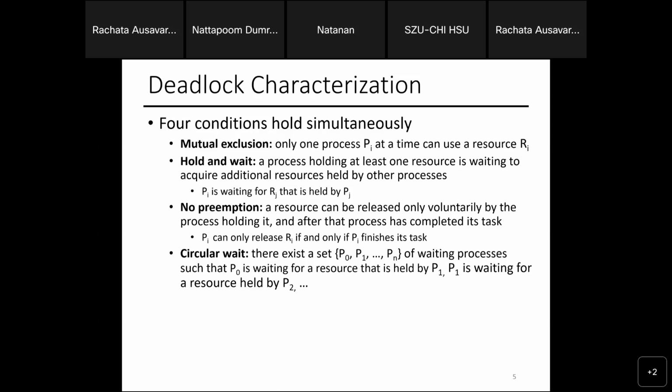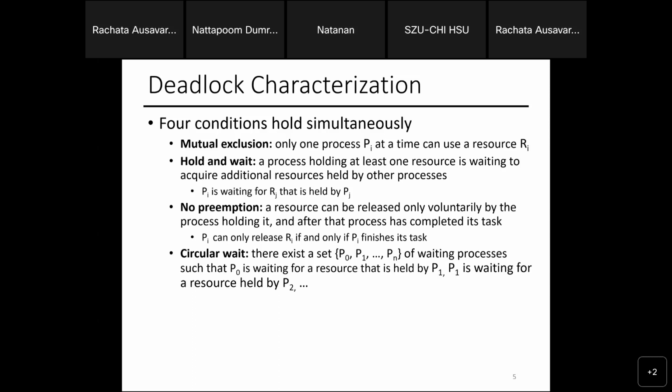No preemption is like you are in the bathroom finishing your business. You can't stop in the middle and abort. You have to commit. You go and you're done. All right. When you're done, then you release the resource. And the last condition, circular wait.